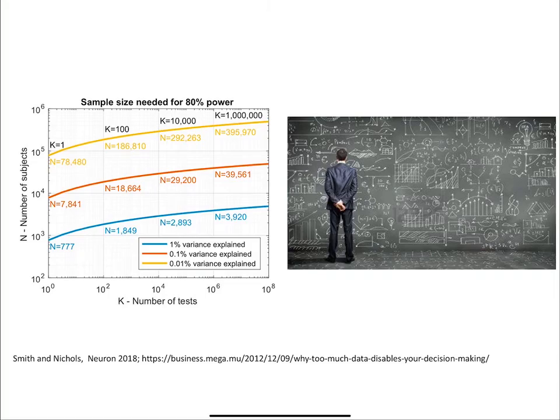The other thing is, this is showing, as a function of number of subjects and number of tests, the sample size needed for 80% power. So this is how many subjects you need. Obviously, as you get more and more subjects, with things like ABCD and UK Biobank getting 1,000, 10,000, 100,000 subjects, orders of magnitude more, those are very powerful, and they're driven a lot by wanting to do genetic analyses and things like that.